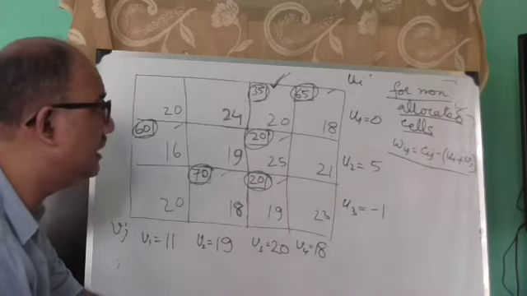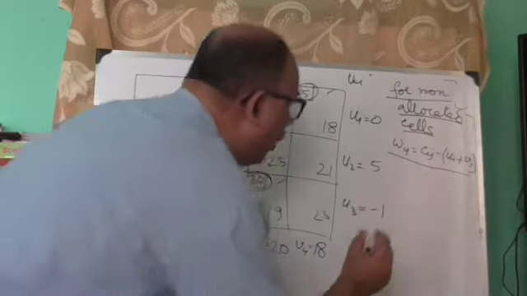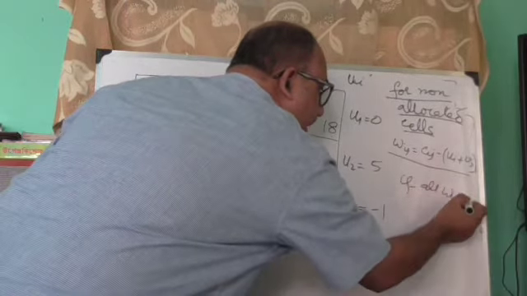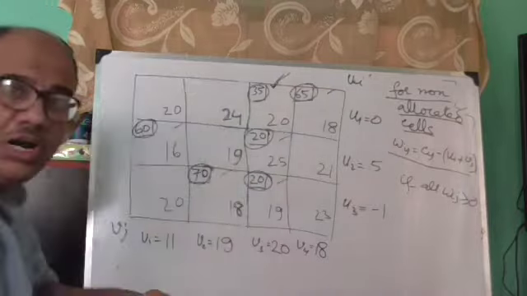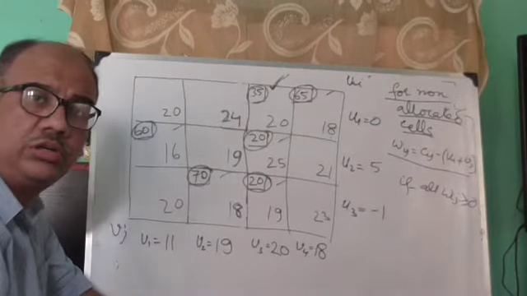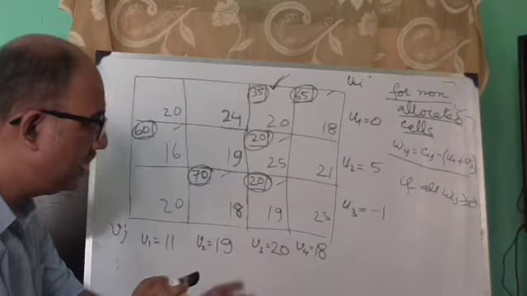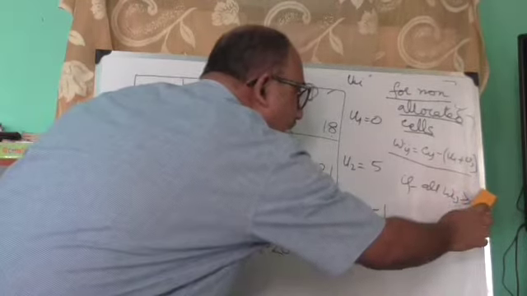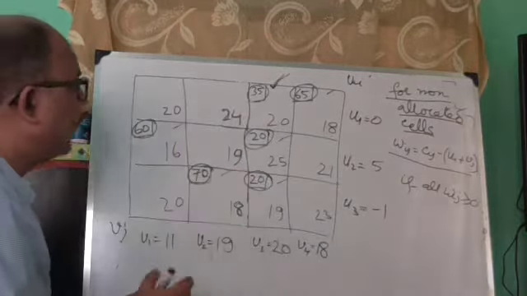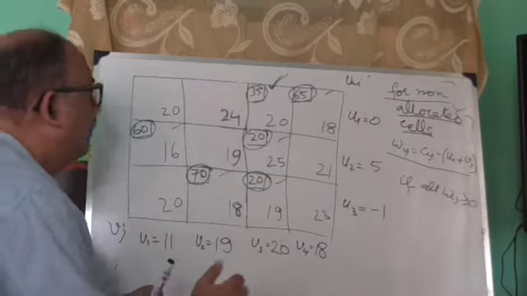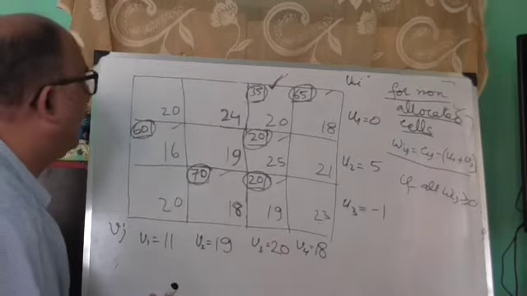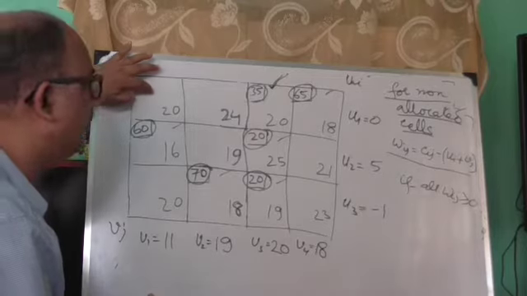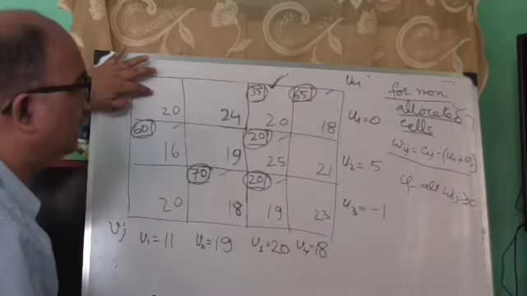And the optimality condition is, if all Wij are greater than or equal to 0, then the solution is optimum. So we have to calculate Wij for all other cells, and please check how I write. Alright. So for the non-allocated cells, I have to calculate the Wij value.